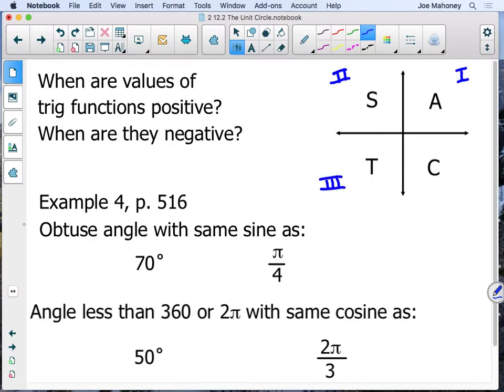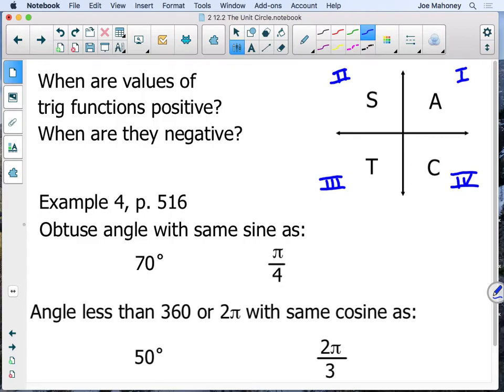Quadrant number 3, I know we haven't mentioned it yet, but tangent is positive in quadrant number 3. And in quadrant number 4, cosine is positive. So you can remember that however you like. I remembered it by saying all students take calculus. But if you don't want to take calculus, you don't have to take calculus.